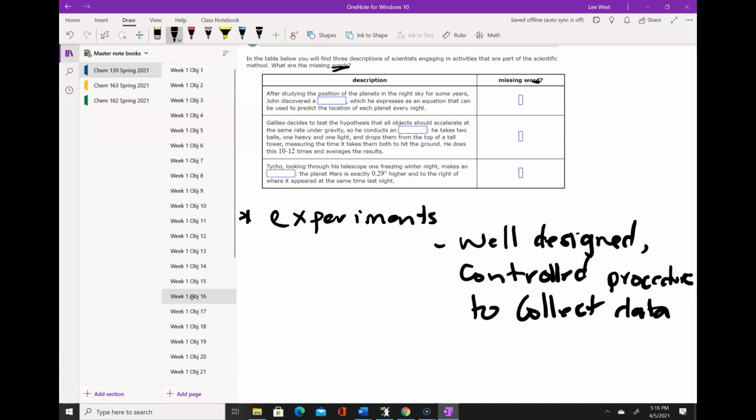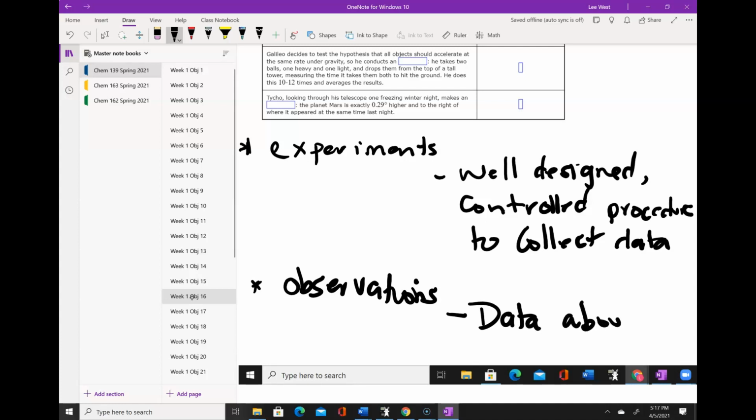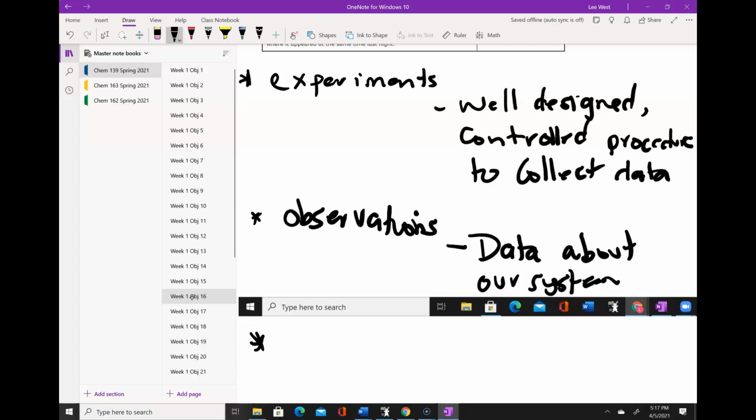So that's an experiment. We may also make observations, which is simply data about our system. So observations might come from an experiment, but they can also just come from looking at nature.